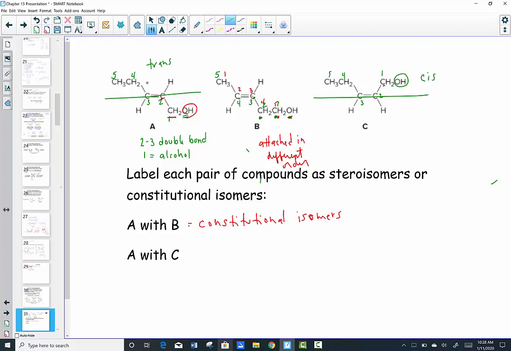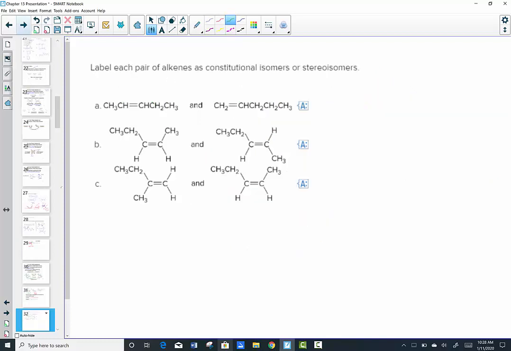Great. We're doing great. Label these as constitutional or stereoisomers. Are they the same in terms of molecular formula? And then from there, are they arranged in different connectivity, or are they arranged spatially different but same connectivity?